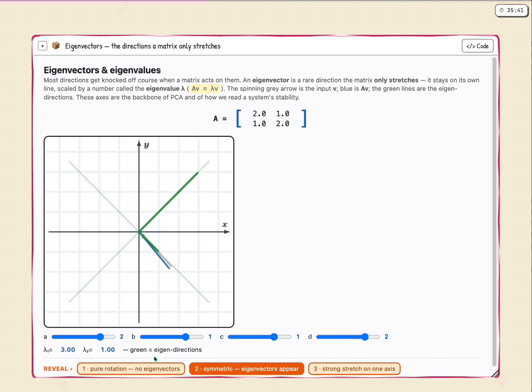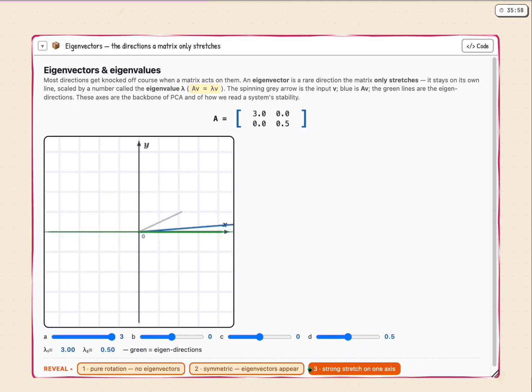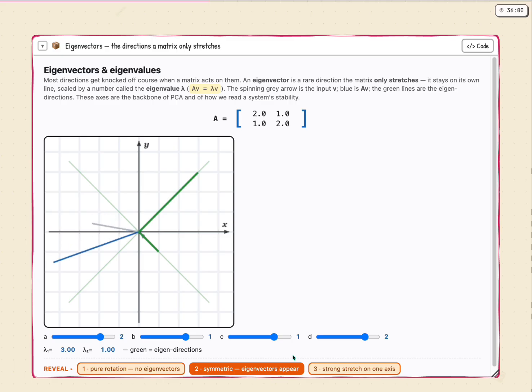And the amount it stretches by has a name, the eigenvalue, the Greek letter lambda. That gives us the single most famous equation in linear algebra, A times v equals lambda times v. In words, when the matrix A acts on a special vector v, the result is just that same v, scaled by a number lambda. The arrow keeps its direction, only its length changes.